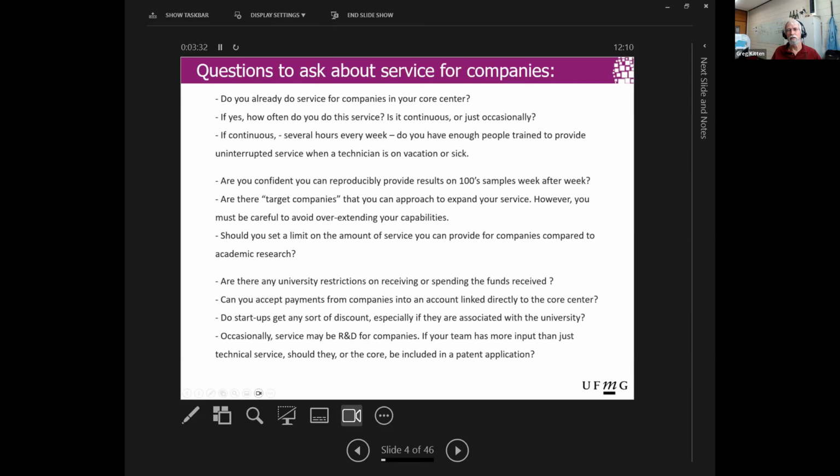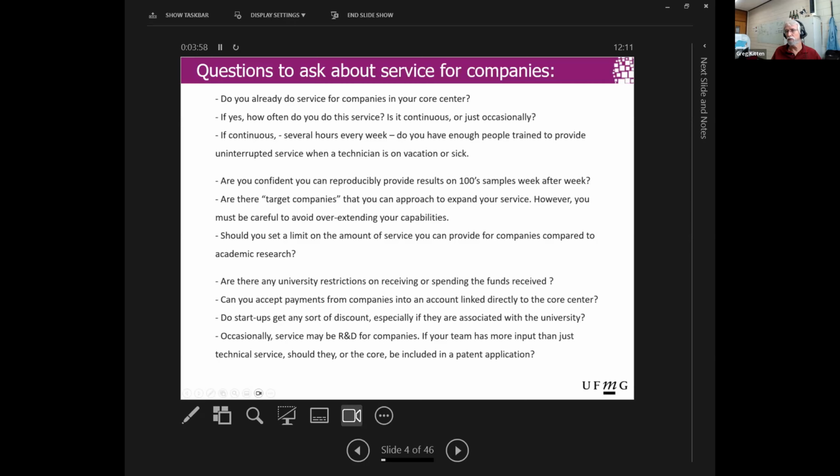Are there target companies? How big do you want to grow? You'll see ours is more on the material side, but target companies now for me are pharmaceutical companies. So I'm trying to expand this into pharmaceutical, but you have to always be careful that you don't overextend your capabilities. Here's a good question for many of you that are in academic situations.